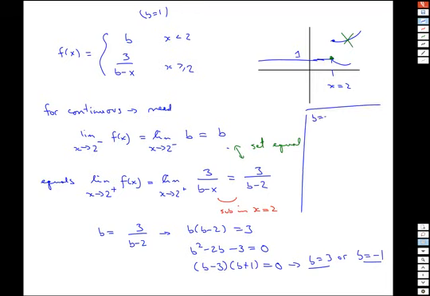Let's put b equals -1 and write out our function. So f of x equals b, and then 3 over b minus x, x less than 2, x greater than or equal to 2. Write that a little more tidily.